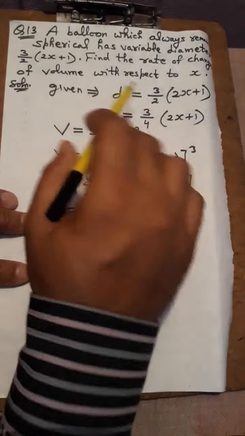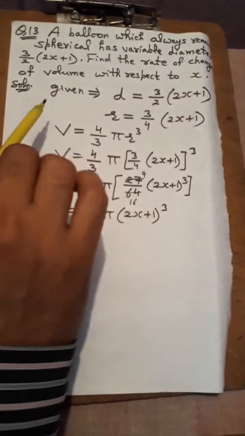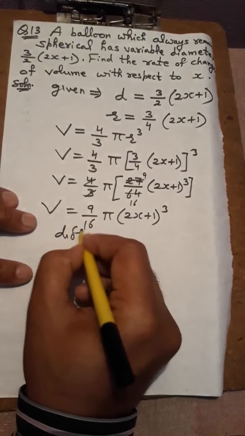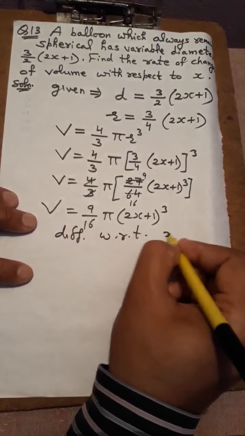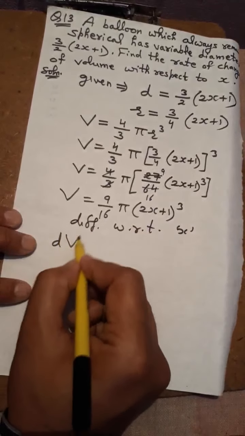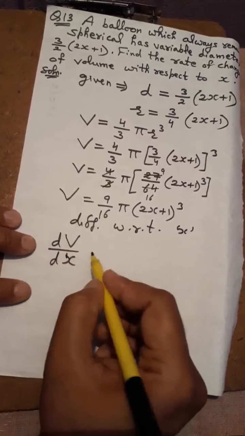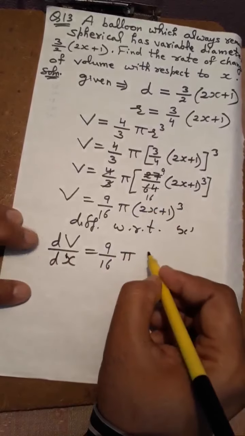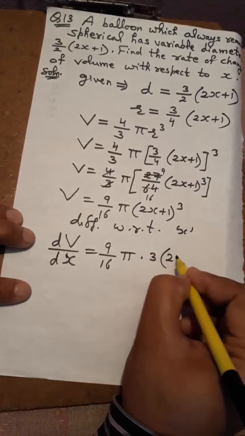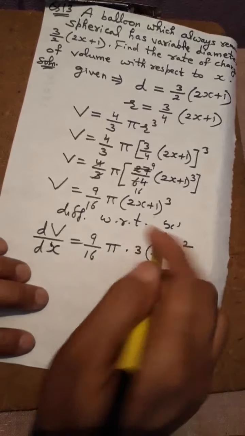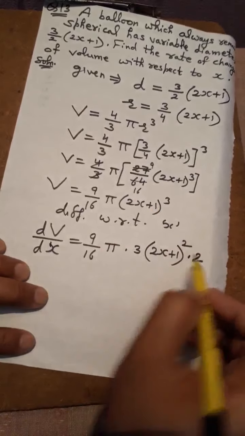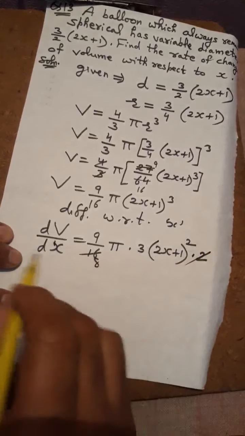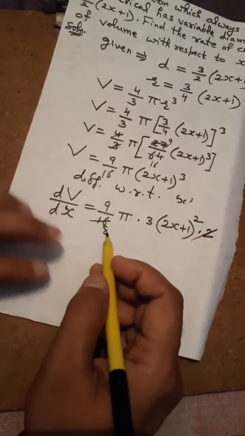Now differentiate with respect to x, because we have to find the rate of change of volume with respect to x. So dv over dx is equal to 9 by 16 pi, which is constant, into 3 into 2x plus 1 whole square into the derivative of 2x plus 1, that is 2. So 2 is cancelled with 16, that is 8.